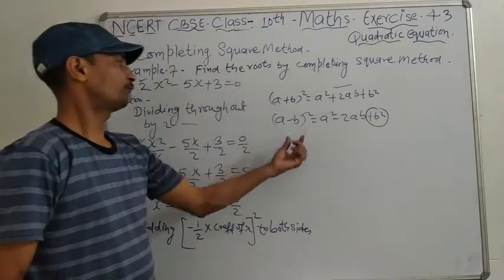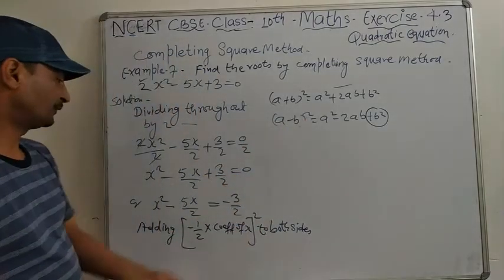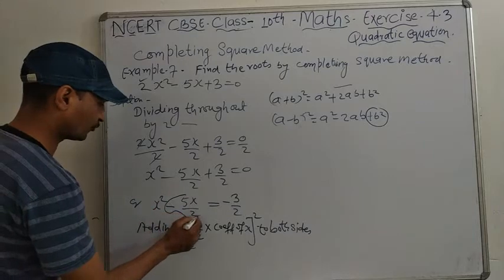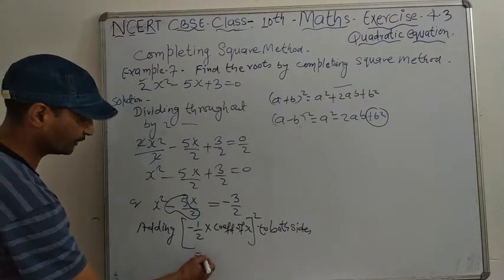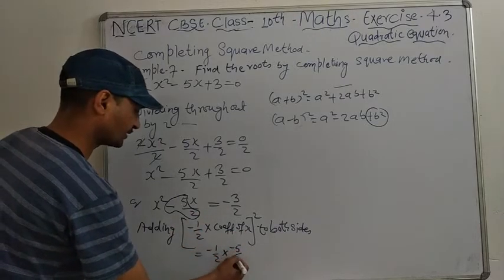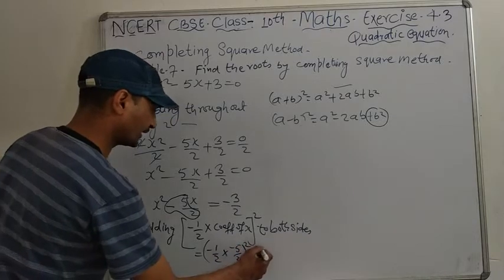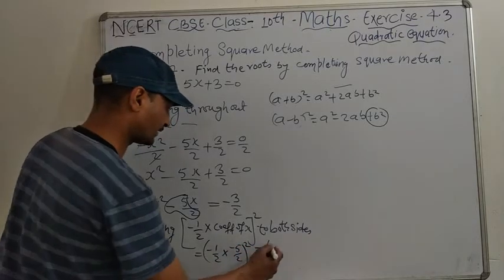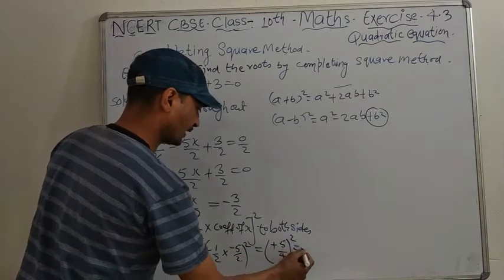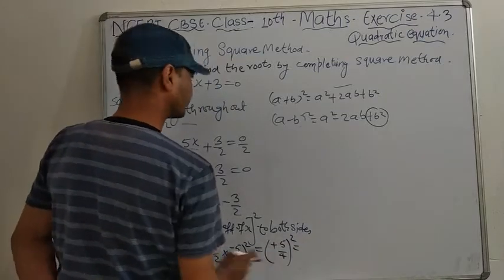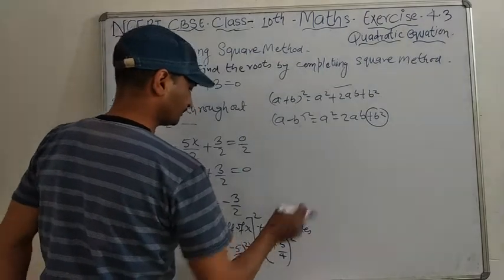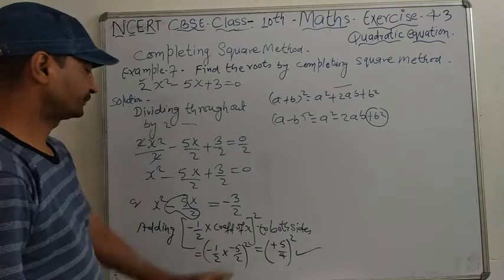The coefficient of x is minus 5 by 2. So minus 1 by 2 into minus 5 by 2, whole square, gives plus 5 by 4 square. This should be added to both sides.